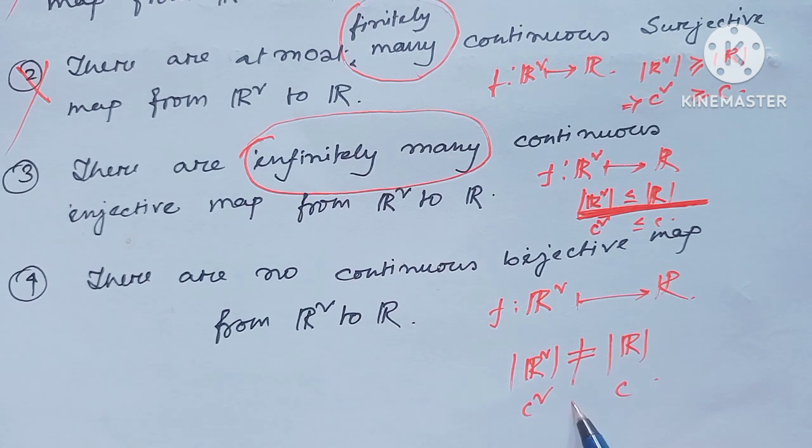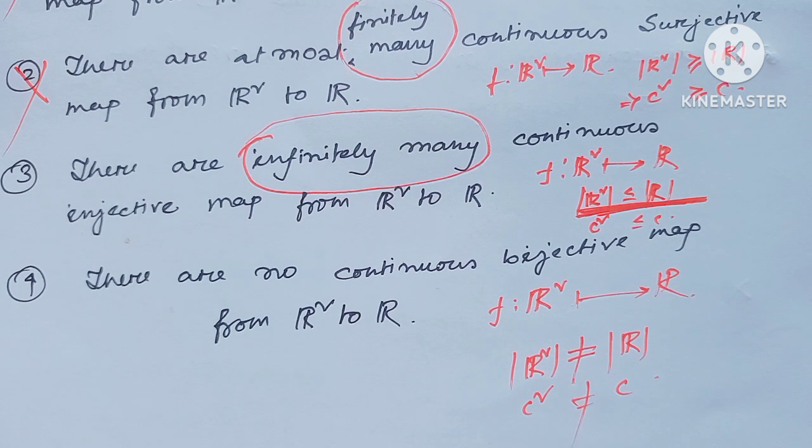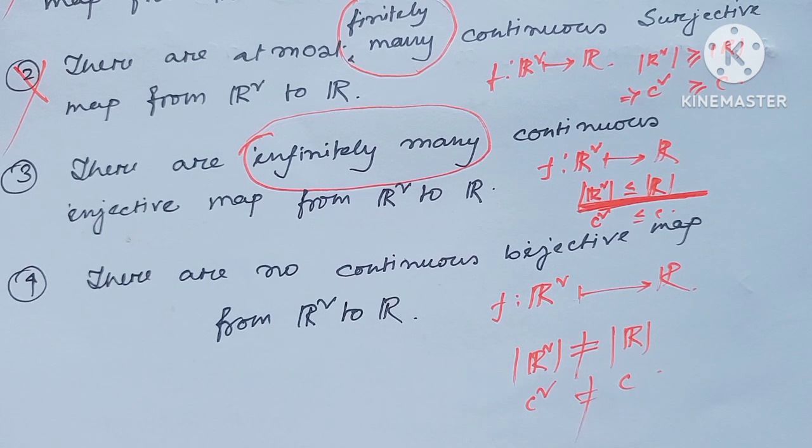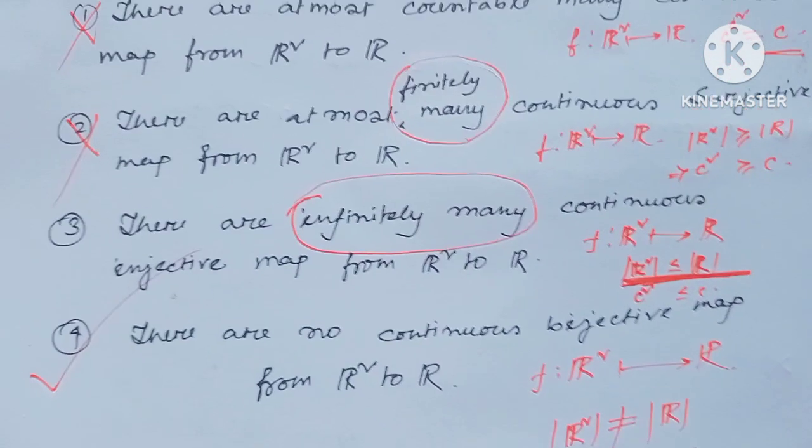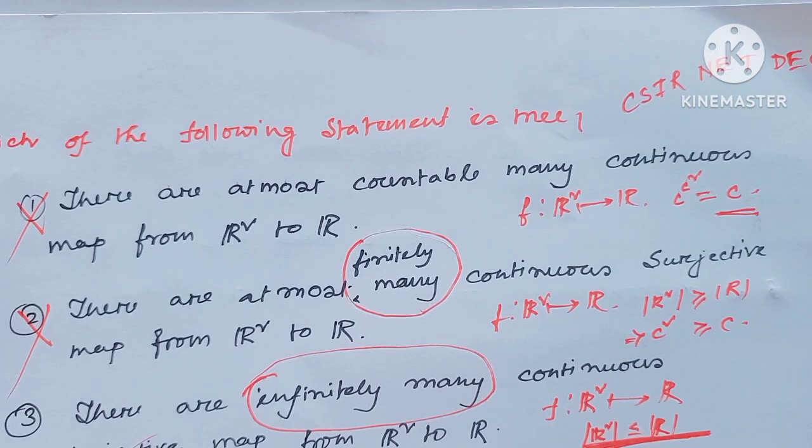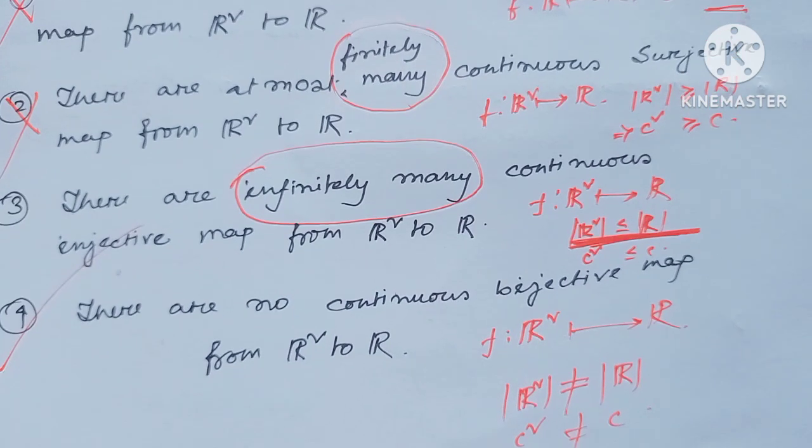But since the cardinalities of domain and codomain are not the same, there cannot exist a bijective continuous map. So option 4 is a right option. I hope all my viewers have understood clearly.